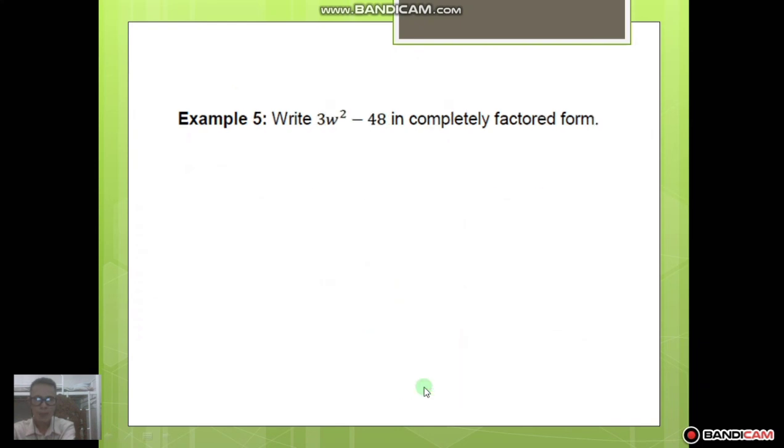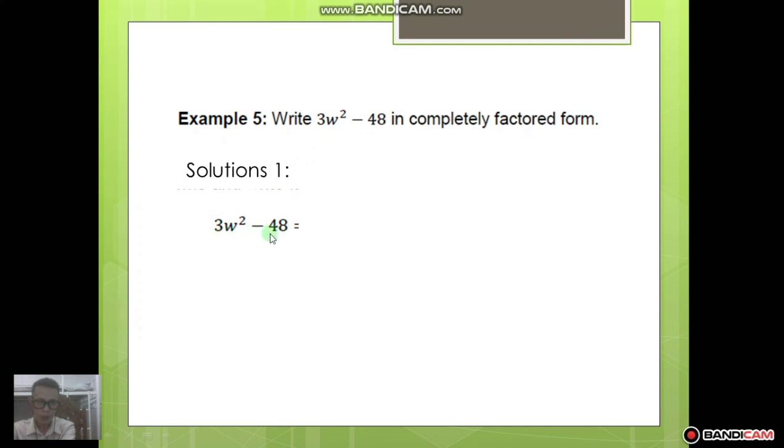Next, number 5. Write 3w squared minus 48 in completely factored form. You have noticed, guys, that the two terms here are not perfect squares. So we need to come up with the right solution. If you analyze the expression, they have something in common.